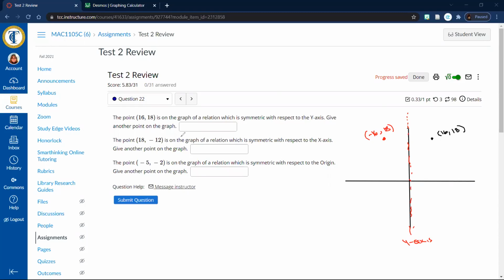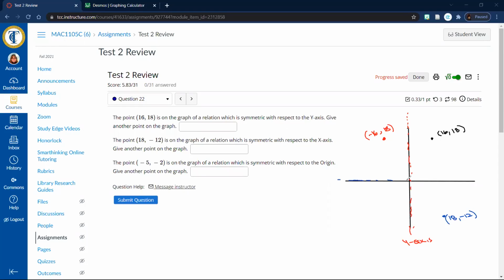Now let's look at 18, negative 12. We want a point that would make it symmetric with respect to the x-axis.